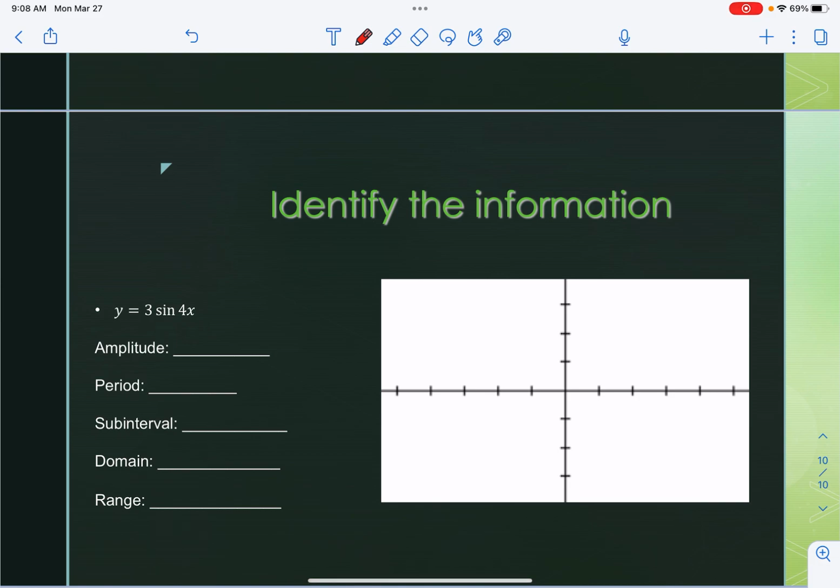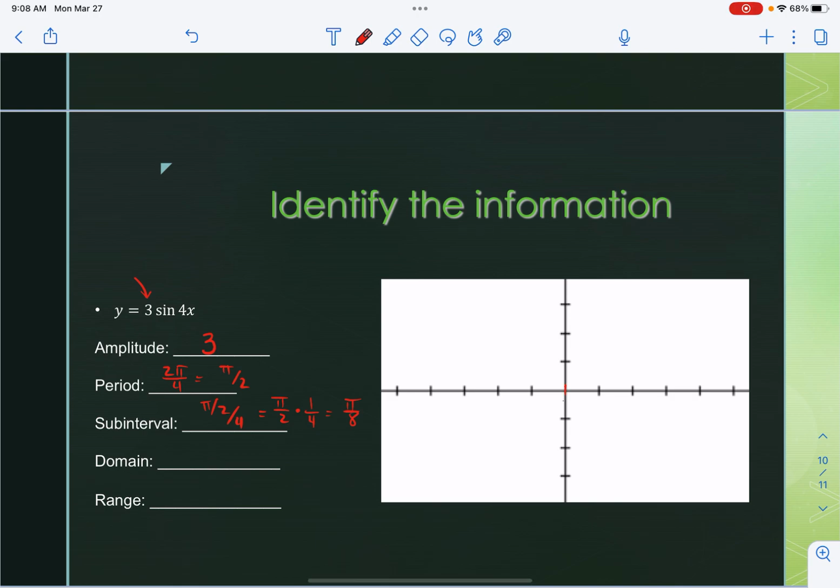The sine function. This is the a value, which is 3. Our b value is 4, so 2 pi divided by 4, which would give me pi over 2. And then our subinterval would be pi over 2 divided by 4, which remember, you change the division to multiplication and you take the reciprocal, which is pi over 8.